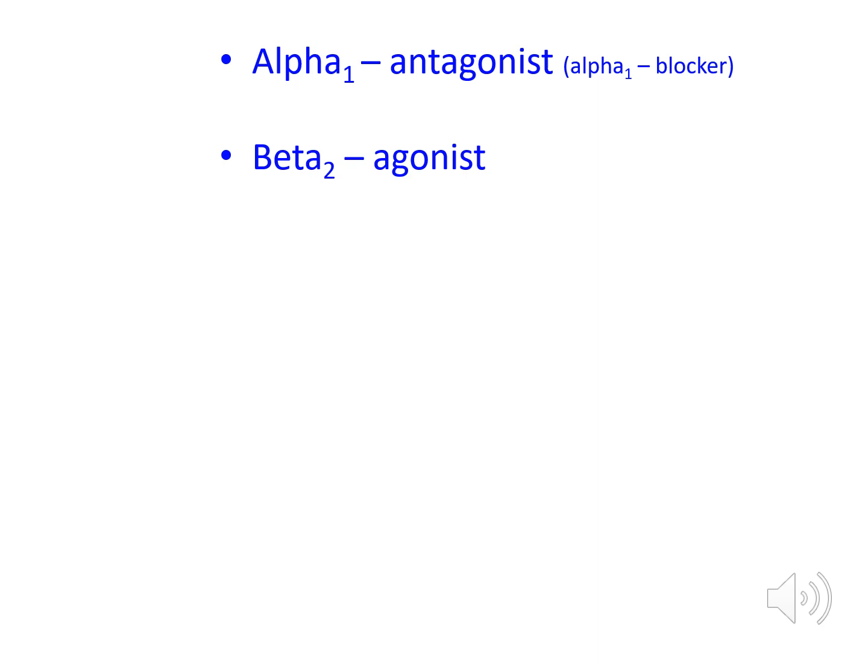Let's say you have a beta 2 agonist, okay? Where are your beta 2 receptors found? In the airways of your lungs, right? And does an agonist stimulate or block that receptor? It stimulates it, okay? So if you have stimulation of your beta 2 receptors in your lungs, what happens?